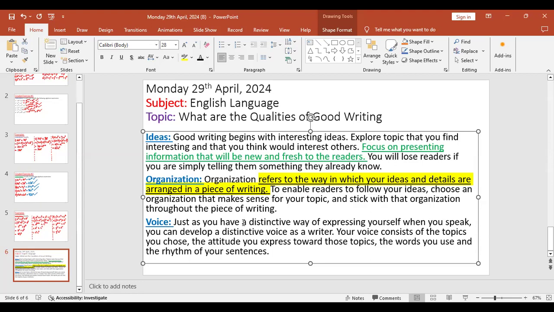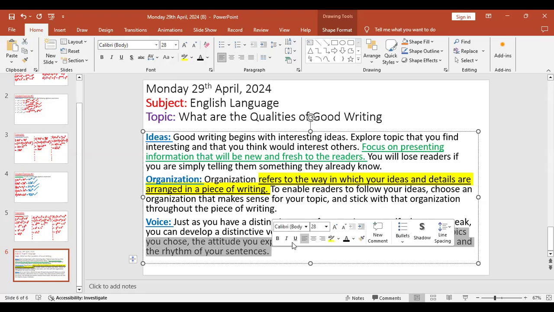So you have the fresh ideas, you present them in a logical, systematic way, but you also present them in your unique voice, right? And so that's another quality of good writing, finding your voice. So your voice consists of the topics you choose, the words that you use, and the rhythm of your sentence. Just highlight that portion, right? So we're gonna highlight that.